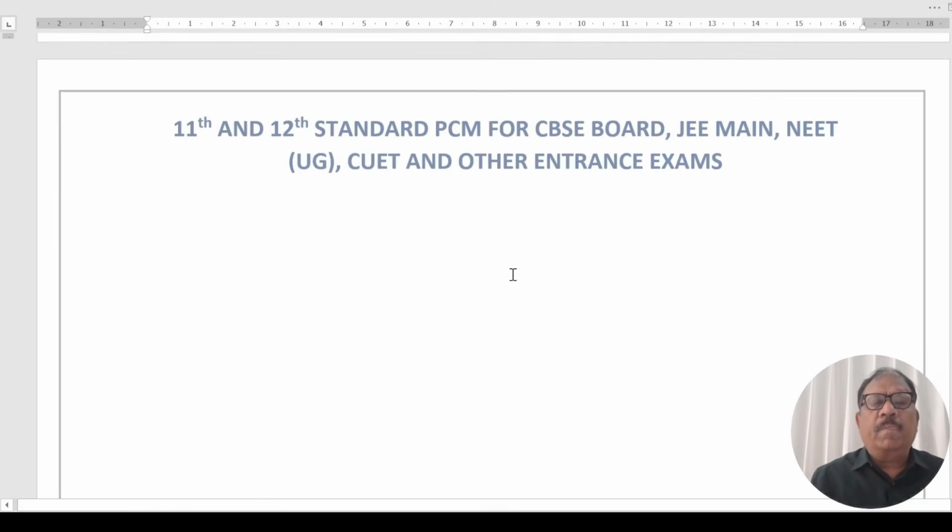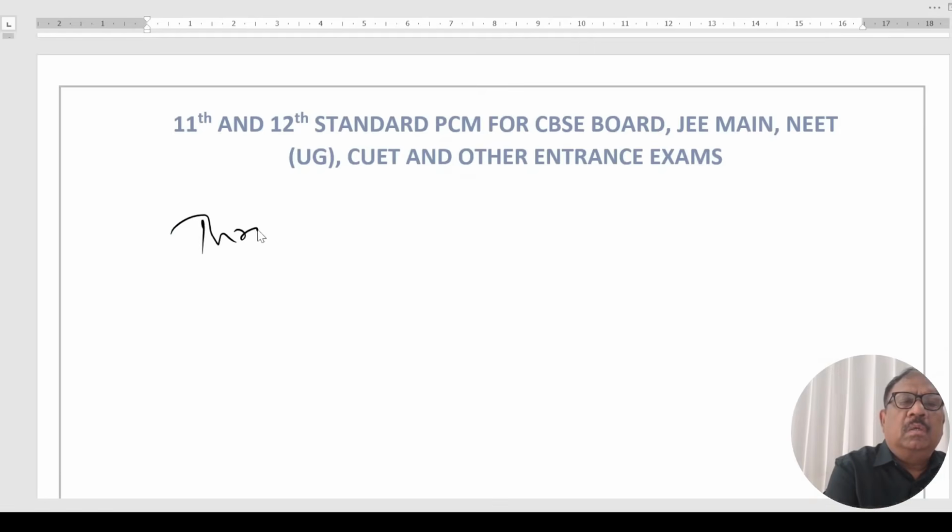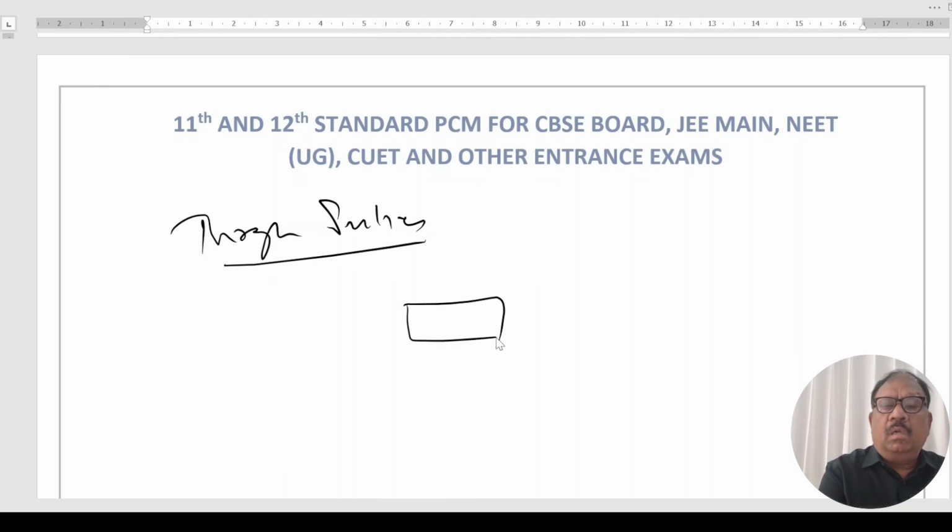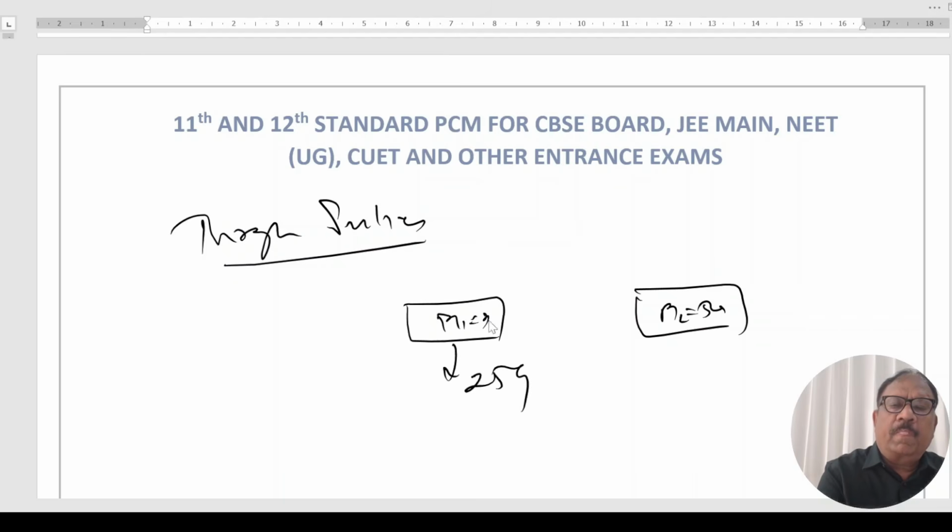Second case, through pulley. M1, M2, 50 kg, 25 kg, 25g, tension. In this case, tension always acts in such a way that it tightens the string, not to loosen it. Tension, and this is M2g, that is 50g.